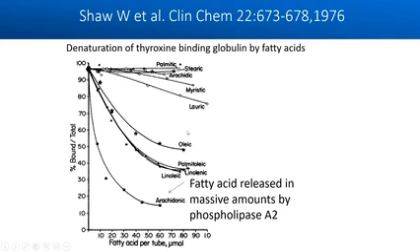So each of the fatty acids, which occur in blood and throughout your body, in your fat and so forth, these free fatty acids have extreme detergent activity. And it's this particular fatty acid, the one that has this powerful detergent, that's released by phospholipase A2.